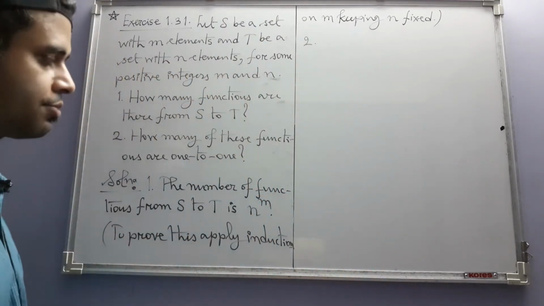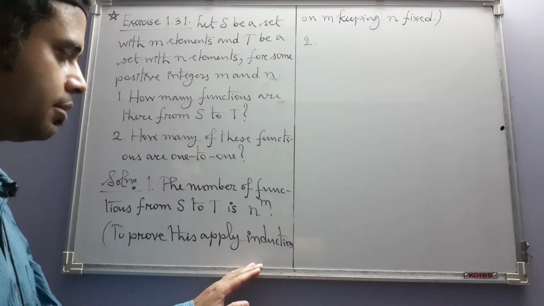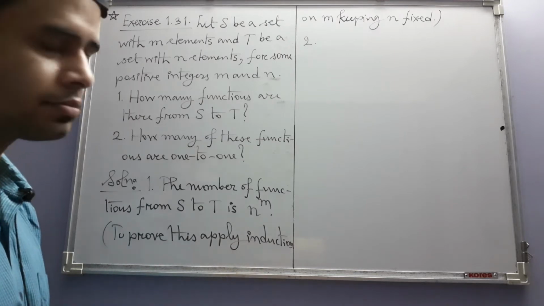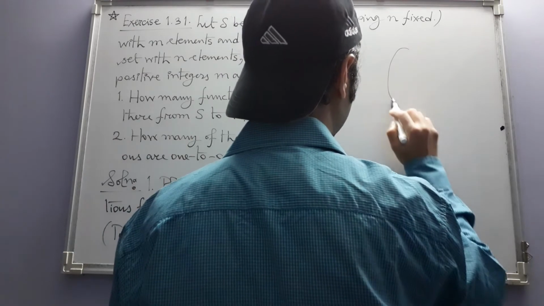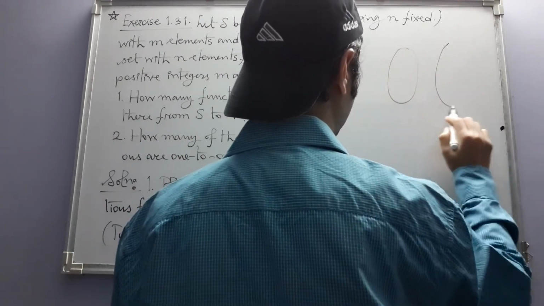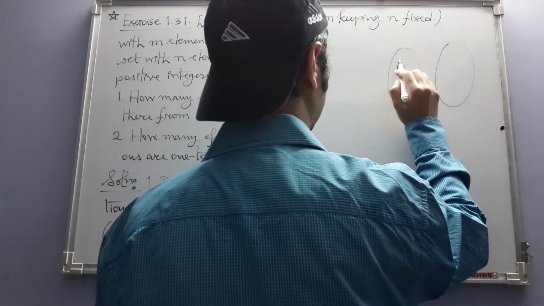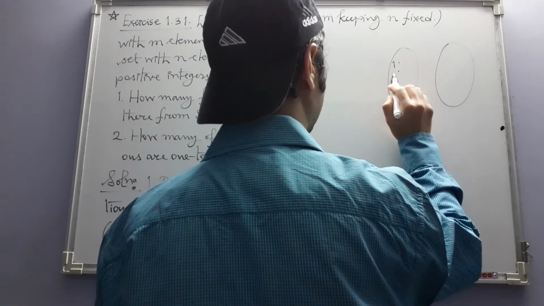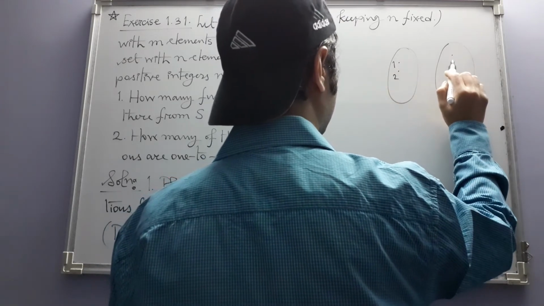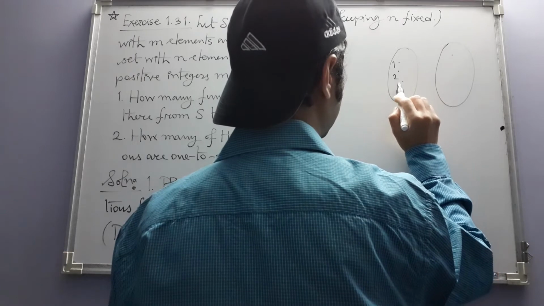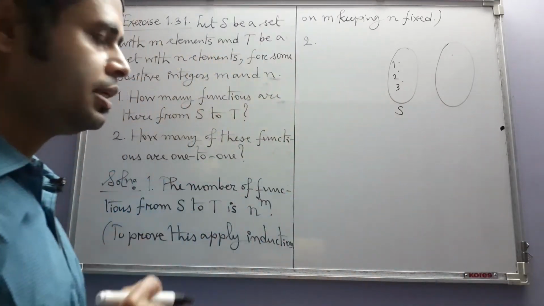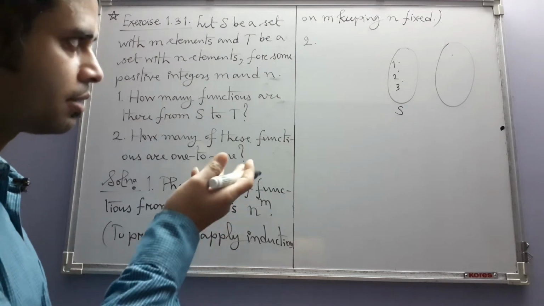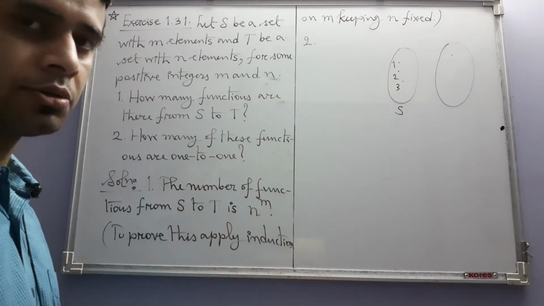How many of these functions are one-to-one? To figure that out, we take one small example. Say we have S with 3 elements, which we can conveniently take as 1, 2 and 3.